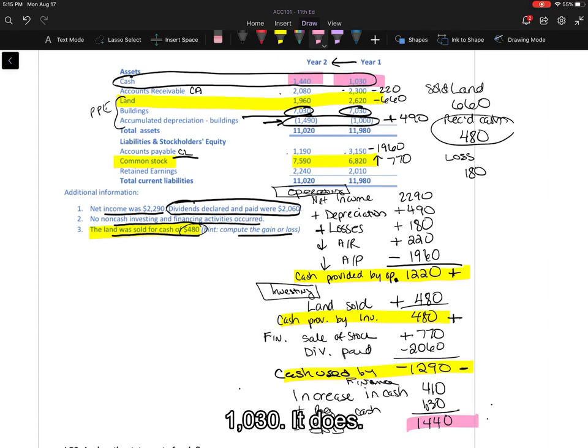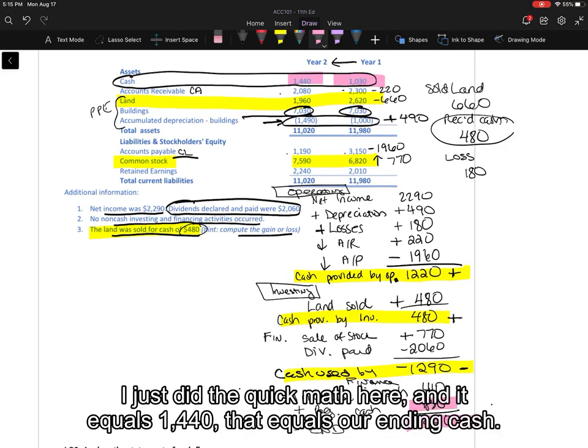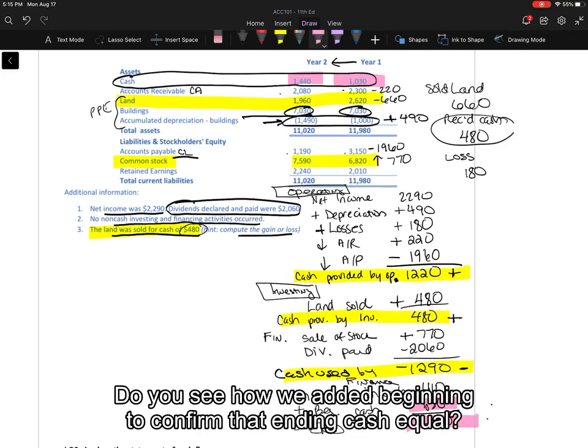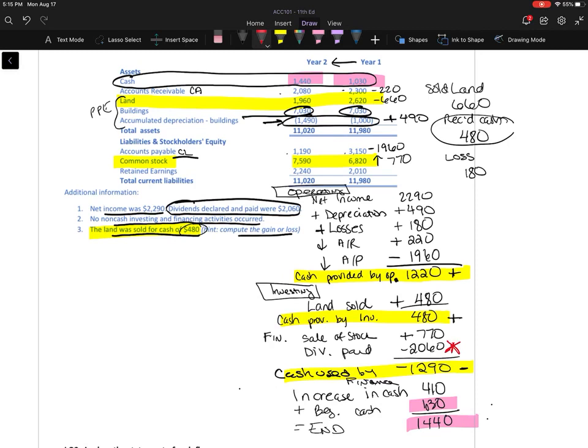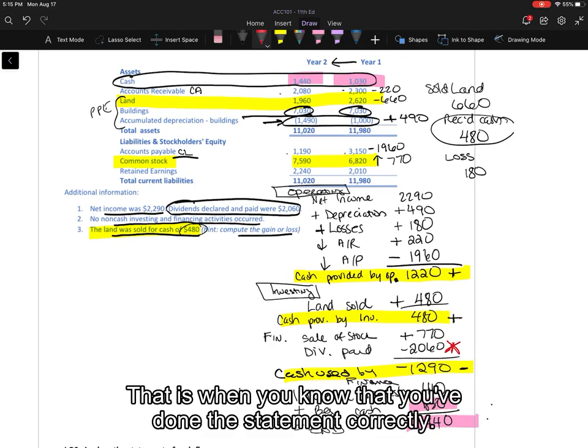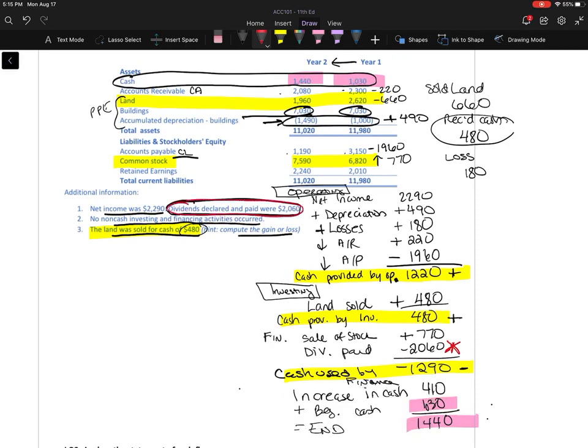Okay. And it does. I just did the quick math here, and it equals 1,440. That equals our ending cash. So see how we added beginning cash to confirm that ending cash equaled. So that is when you know that you've done the statement correctly.